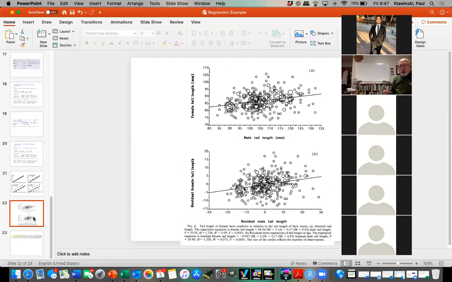We would expect that regression to be close to a slope of 1, and it's closer to a slope of 0.17. And we would expect the variation in male tail length to be explaining quite a lot of variation in female tail length. But what we find in the end is that the regression is significant, and that this researcher can tell the difference between a slope of 0 and a slope of 0.17.